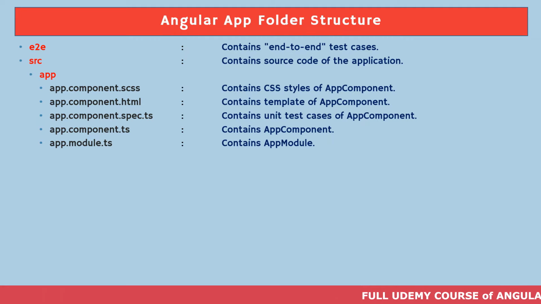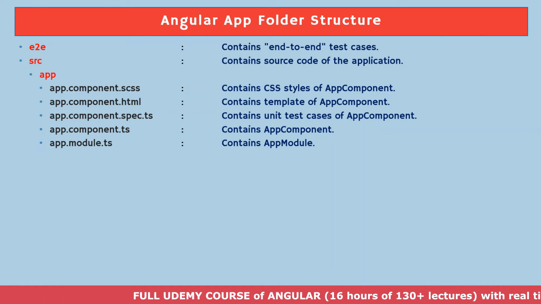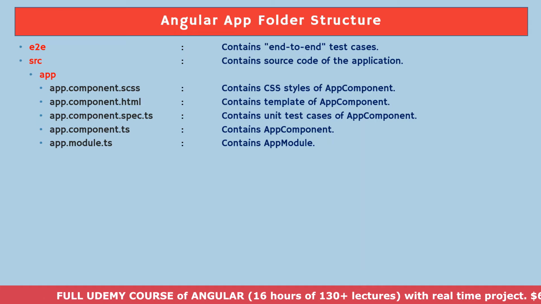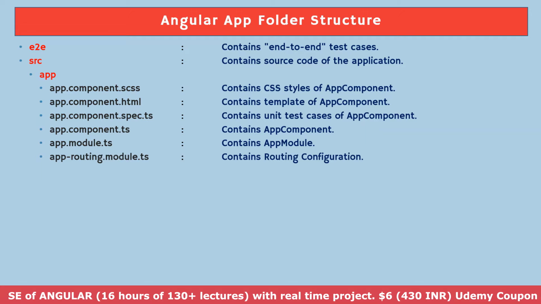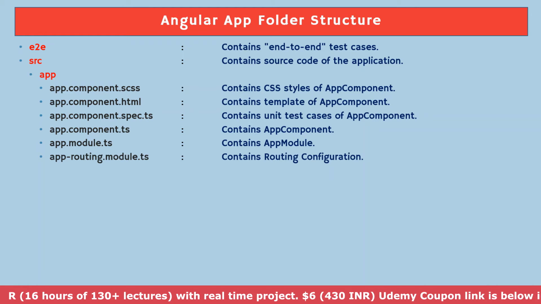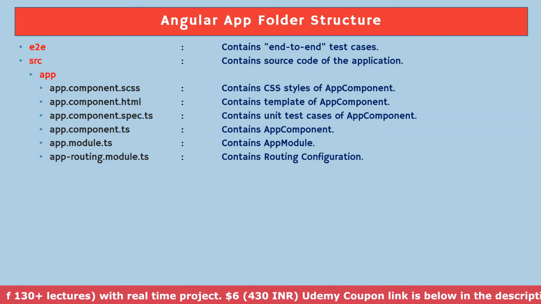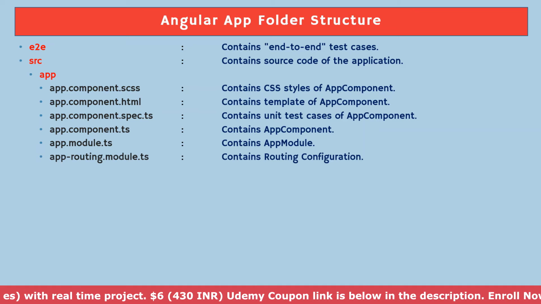The app.module.ts file contains the actual module class of the app module. App module is a startup module in the Angular application. The app-routing.module.ts file contains the Angular routing configuration. You can create or modify the routes using this file.